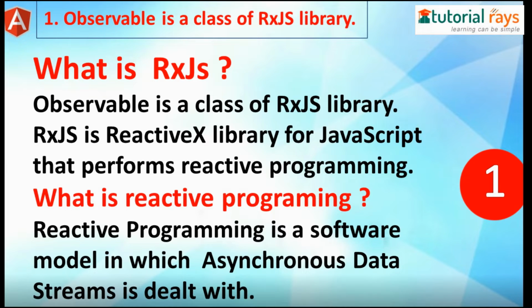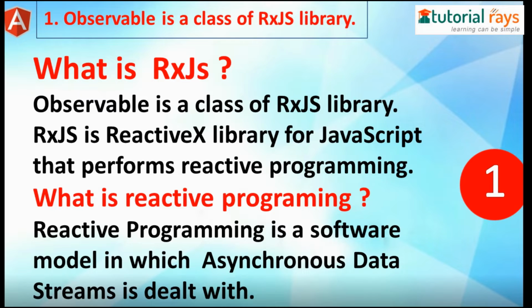Now the question in your mind is, what is reactive programming? Reactive programming is a software model in which asynchronous data streams are dealt with. So in short, in reactive programming, asynchronous data is received and sent.